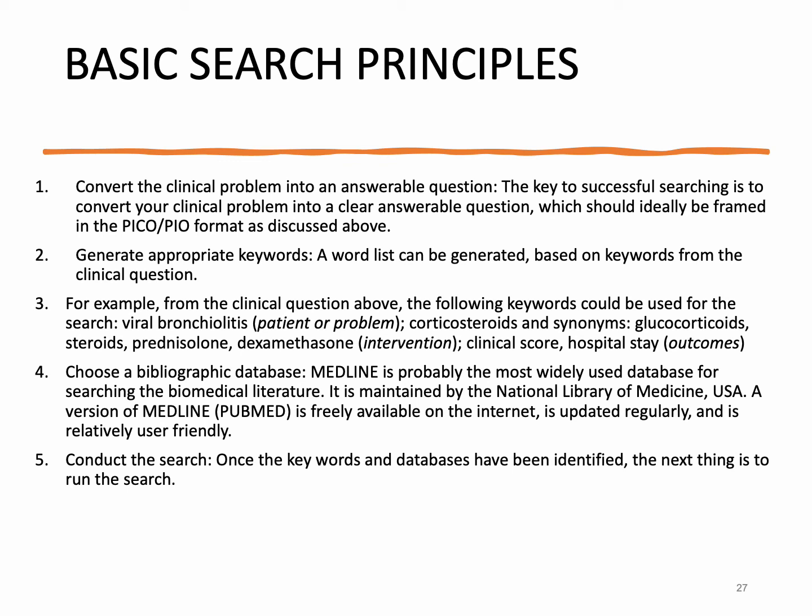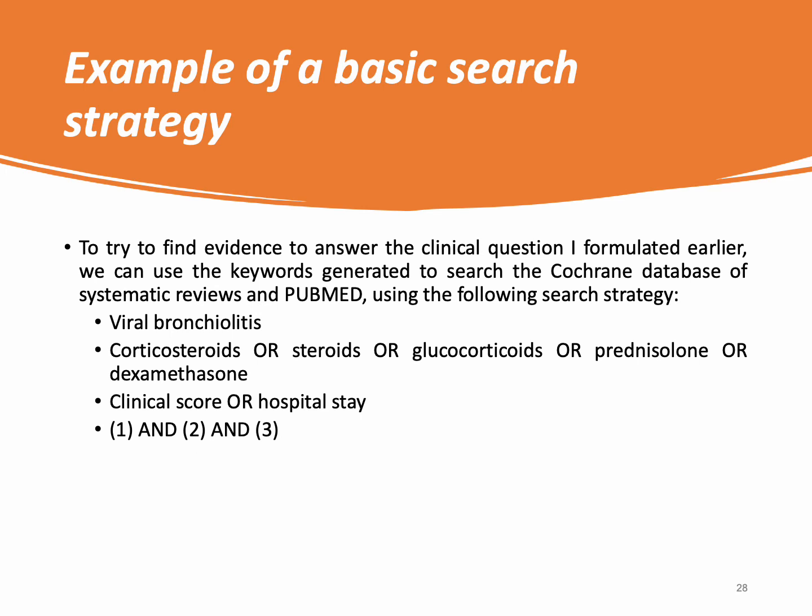And lastly, we have to conduct the search. Once the keywords and database have been identified, the next thing is to run the search. Here is an example of a basic search strategy to find evidence to answer the clinical question I formulated earlier in the previous examples.